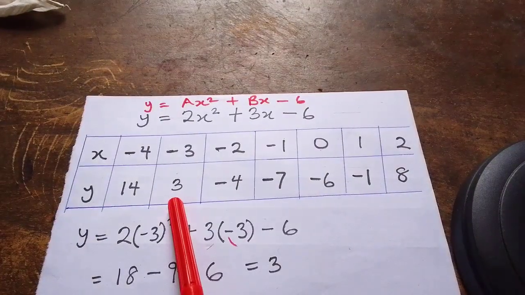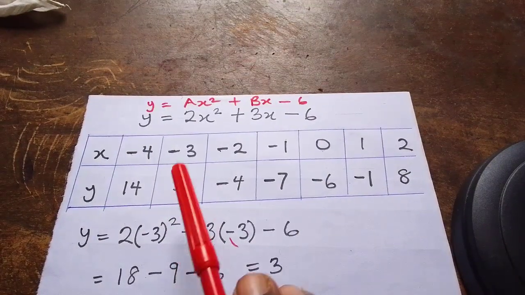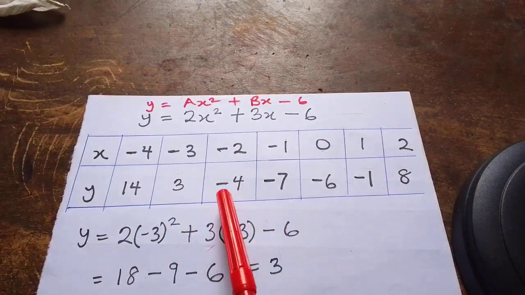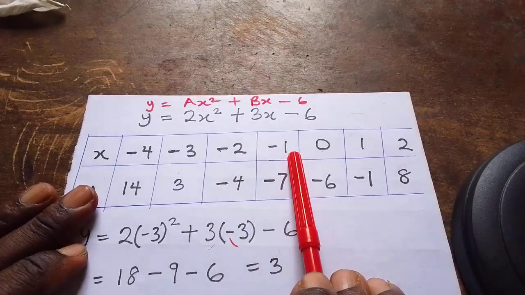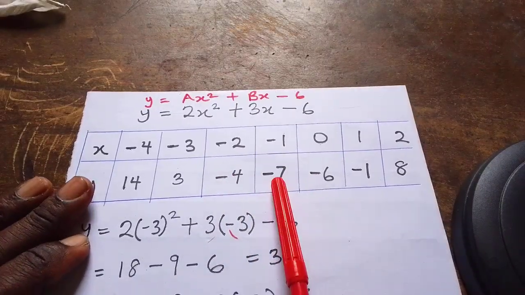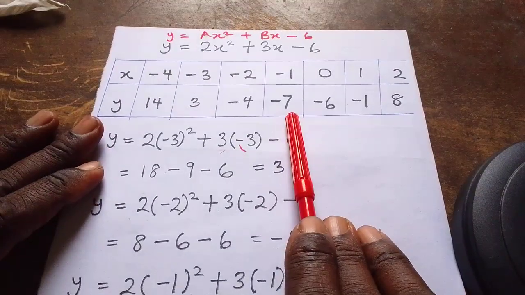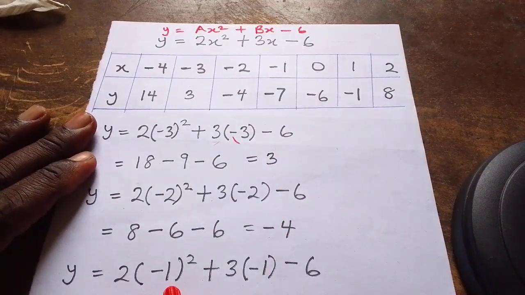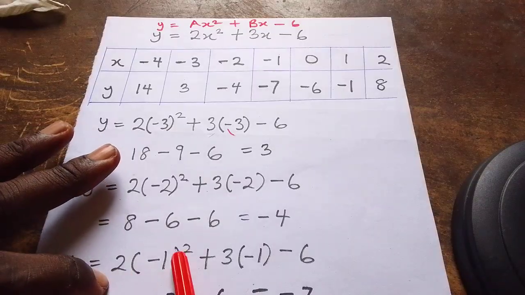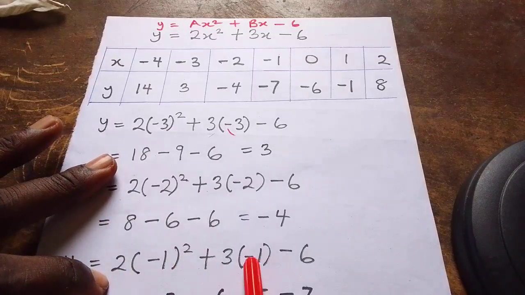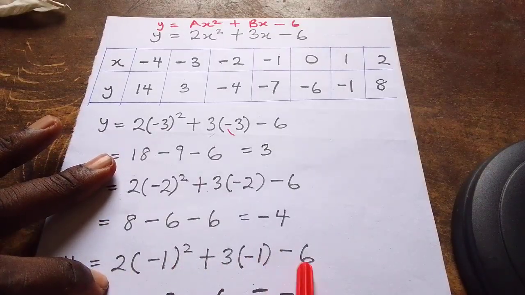Then for x equals minus 2, we are already given y to be minus 4. Then you go to when x is minus 1, what will be the value for y? You substitute: 2 into bracket minus 1 squared plus 3 into bracket minus 1, then minus 6.